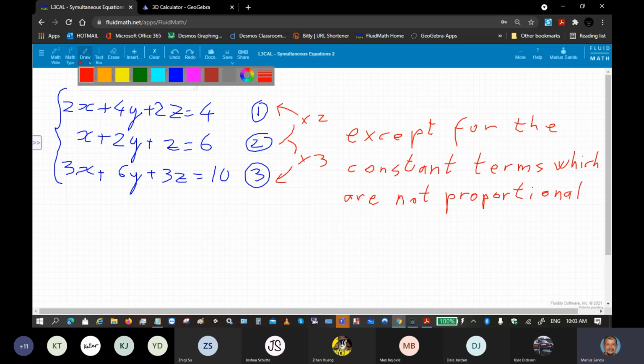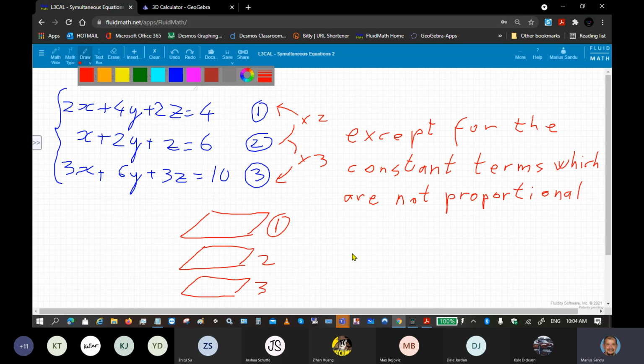All right, so that means that I've got 3 parallel planes. That's 1, 2, and 3, which are parallel with each other.